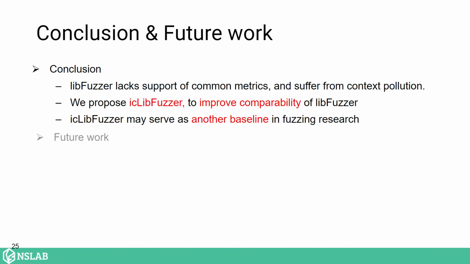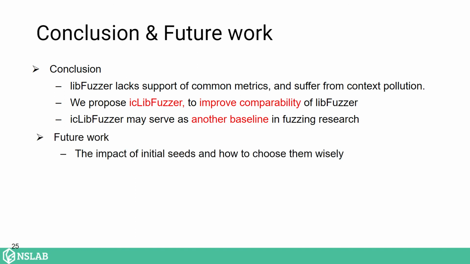There are several possible future works. First, we want to investigate more on the impact of initial seeds and how to choose them wisely. As we mentioned before, Angora does not perform well in our experiment, probably due to the lack of initial seeds.